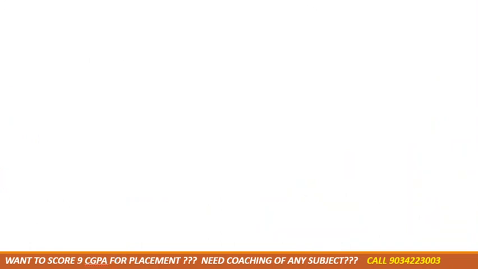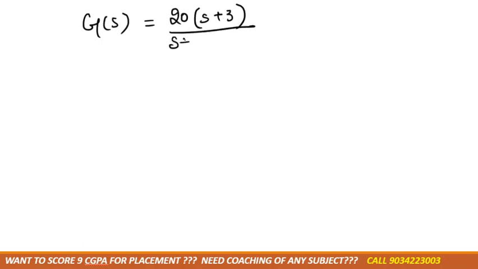Okay, now see, they have given the system G(s) equal to 20(s+3) divided by (s+1)(s+6), and they have said UNFB.